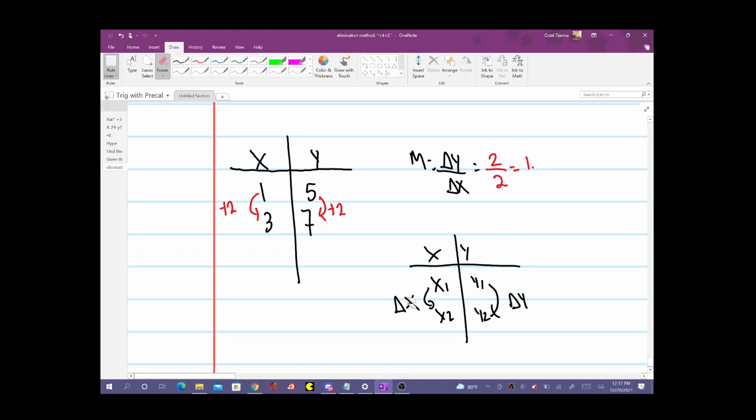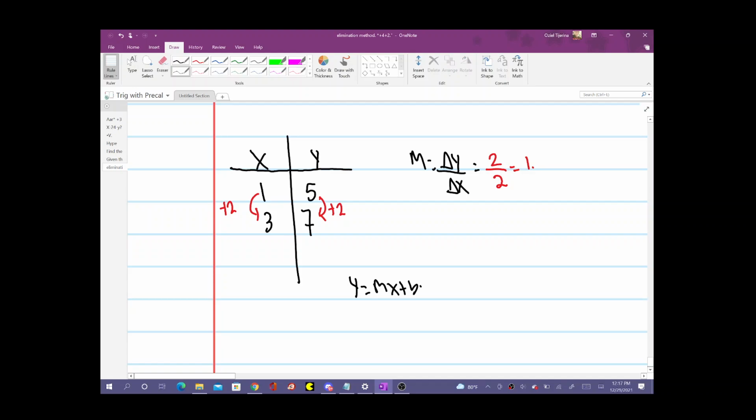Now, how do we get that in terms of slope-intercept form? Because we want y equals mx plus b, and we don't know how to do that. If we just have y equals 1x plus b, how do we get the rest? How do we get b?